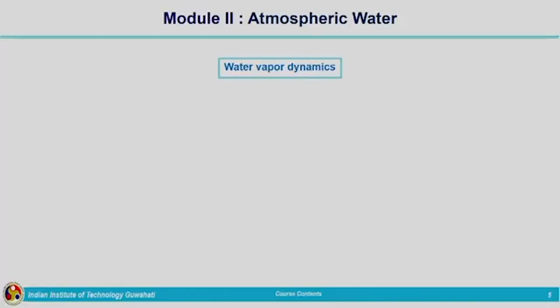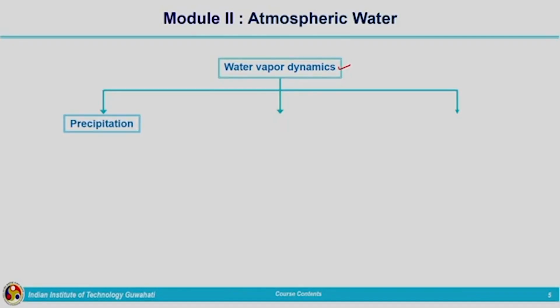From the title itself it is clear, it is related to the water which is present in the atmosphere. So, for that first we need to have an understanding about water vapor dynamics. It is not simply as we talk about liquid water, we need to have fundamental knowledge about water vapor dynamics and different properties of vapor and different representations in the atmosphere.